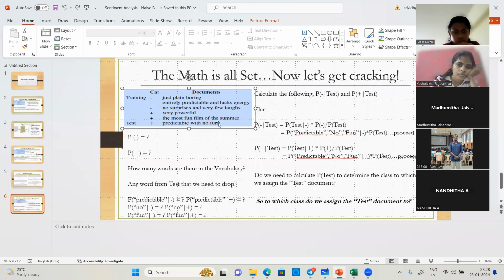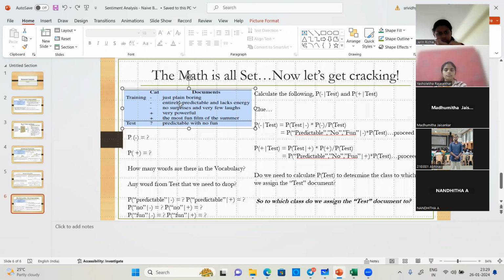Sorry, was it Sandhya? You were answering, right? I guess I'm wrong. But what was your answer? Maybe you're right. 1 by 3. Why 1 by 3? I assumed the total number of negative classes. No, you mean total number of negative documents, right?